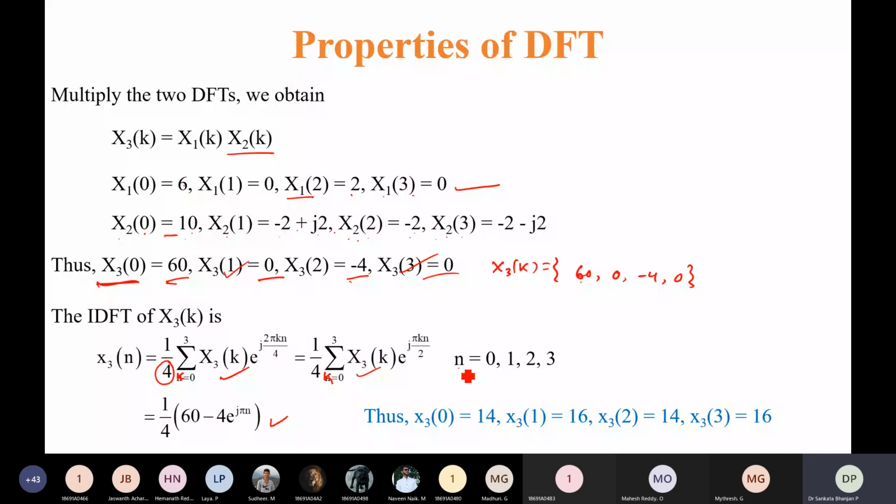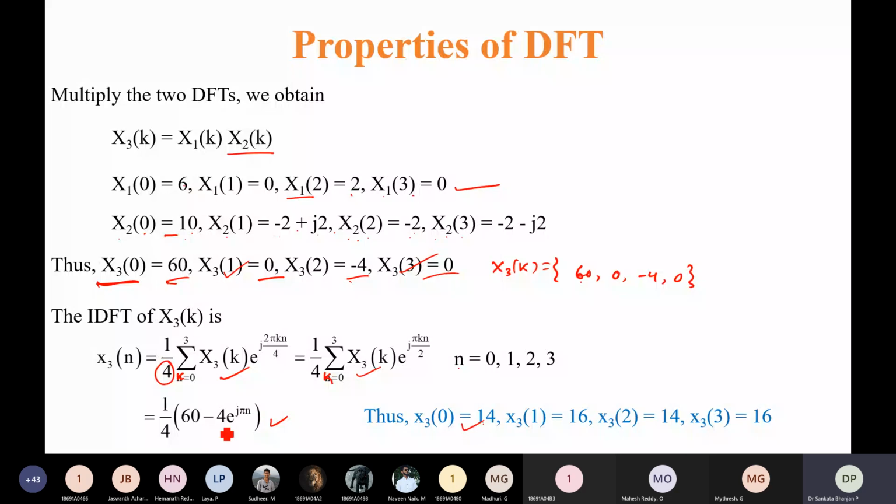Now you have to substitute n is equal to 0. You will get the first value. When n is equal to 0, 1 by 4, 60 minus 4. Here e to the power 0 means 1. So 60 minus 4, that is 56, divided by 4, that is 14. So x3 of 0 is equal to 14. Then what is the second value? When n is equal to 1, e to the power j pi, that is minus 1.